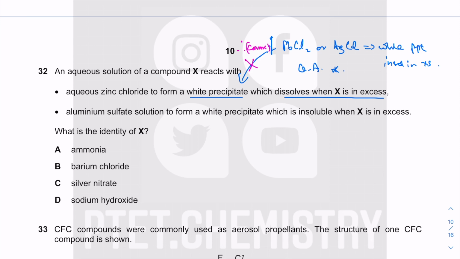Ammonium sulfate forms a white precipitate which is insoluble. So this white precipitate has to be barium sulfate, because all ammonium salts are soluble in water.